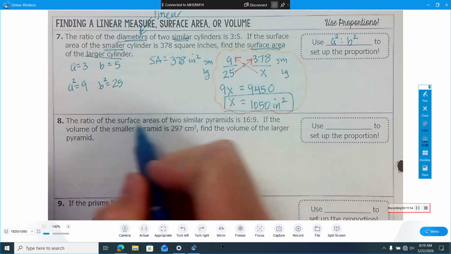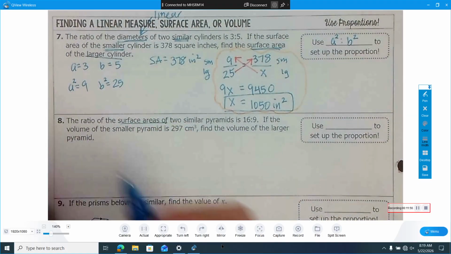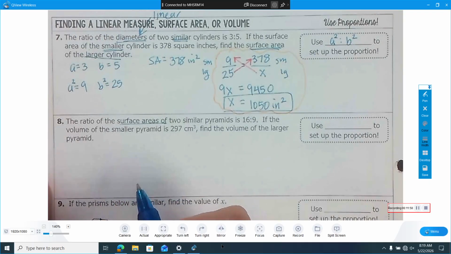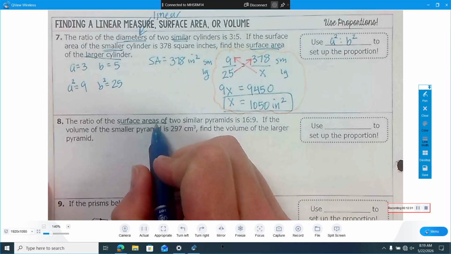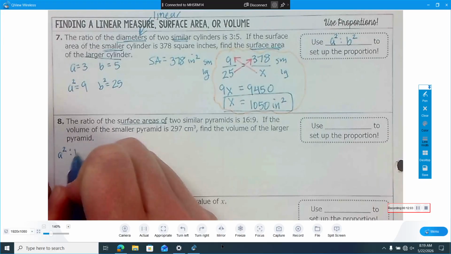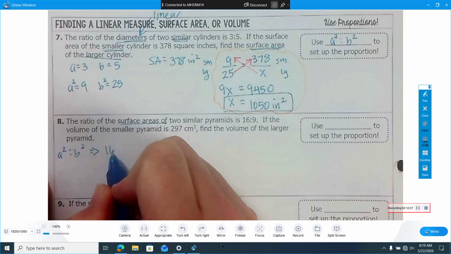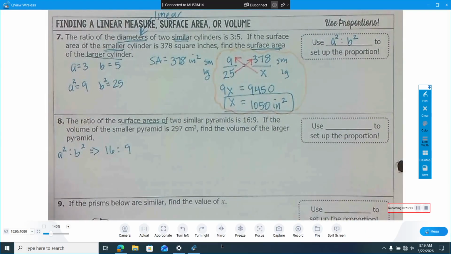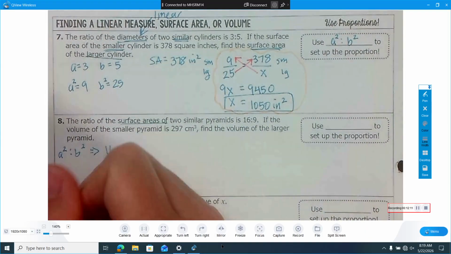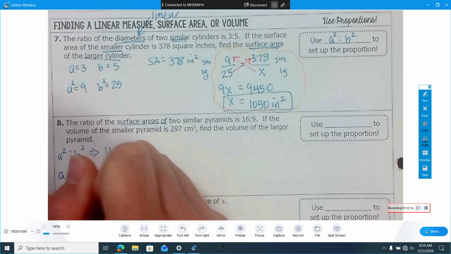The ratio of surface areas is 16 to 9. So surface areas is a squared to b squared. That's our 16 to 9. We always have to go back to a to b.